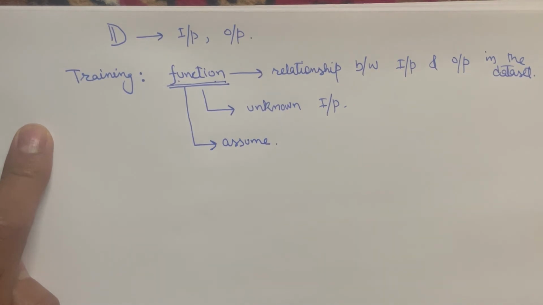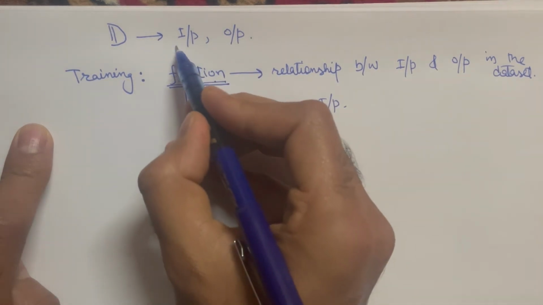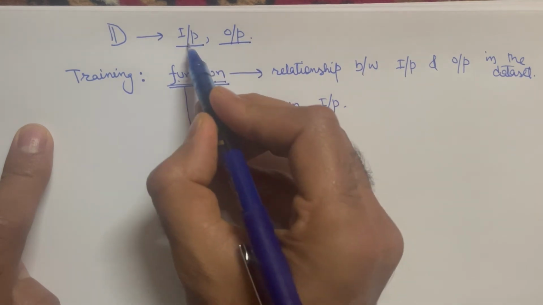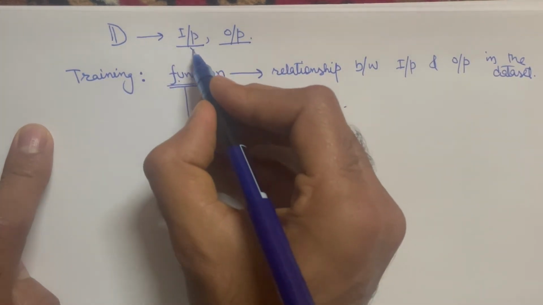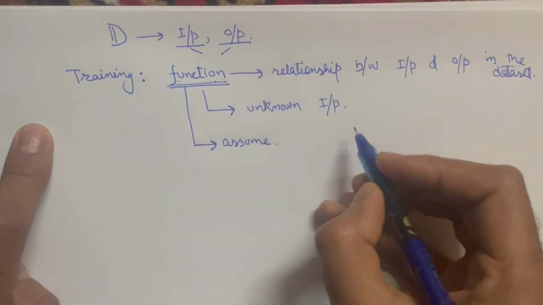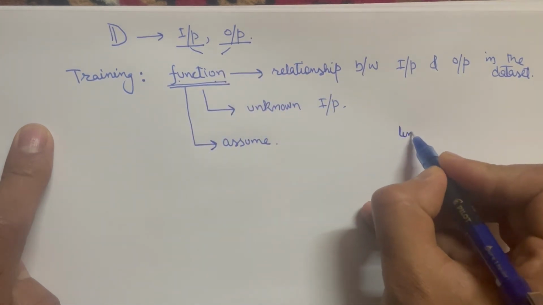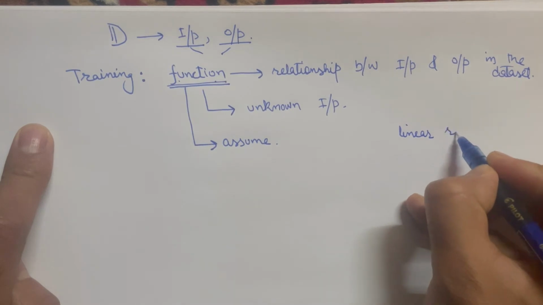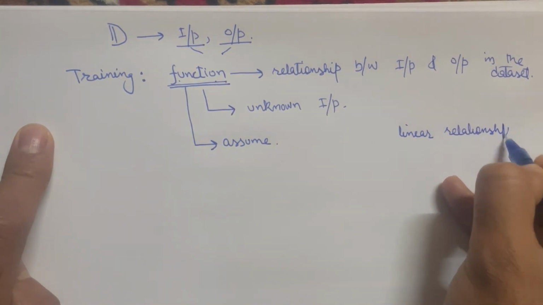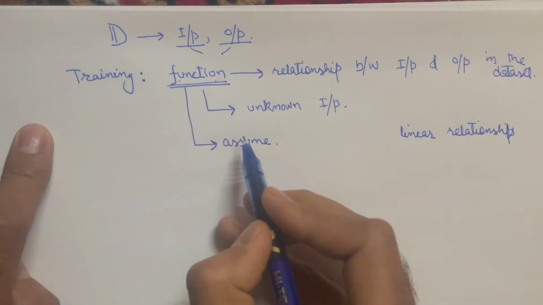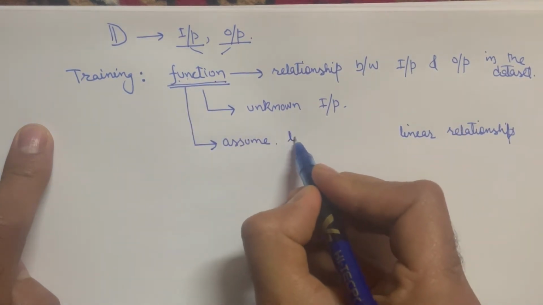For example, if I visually look at this particular input and output data which is known to me, and I find that there is some sort of linear relationship between the input data and the output data, then I will assume that this particular function will be linear.